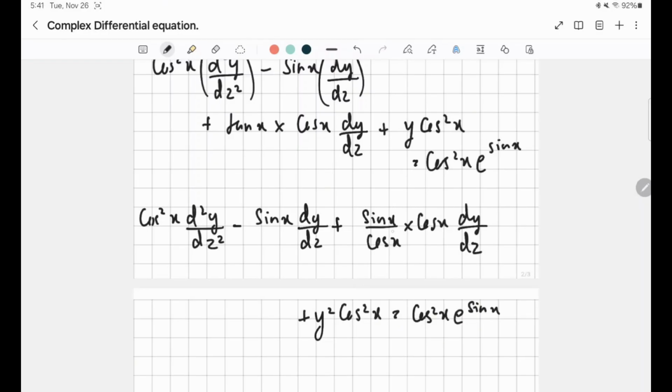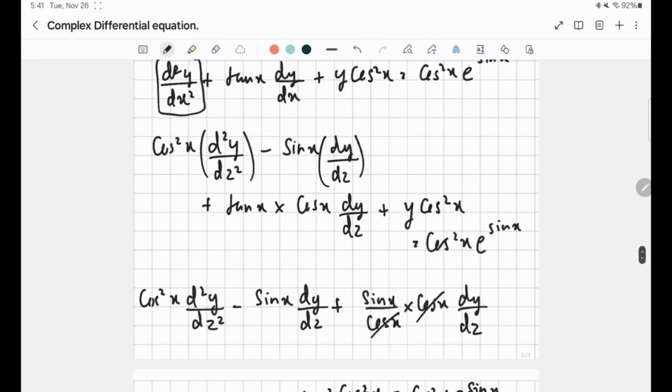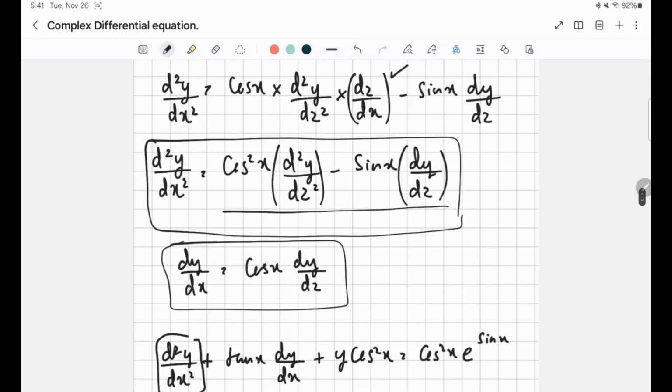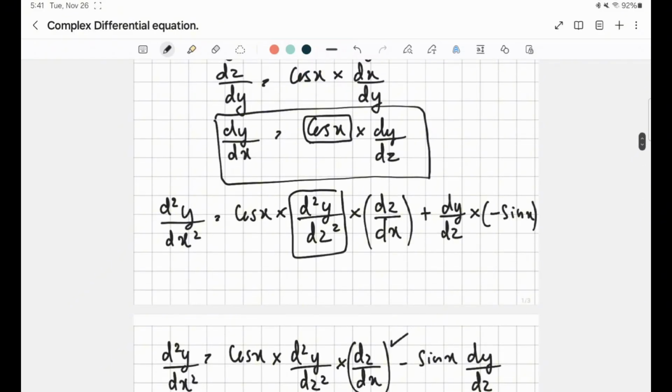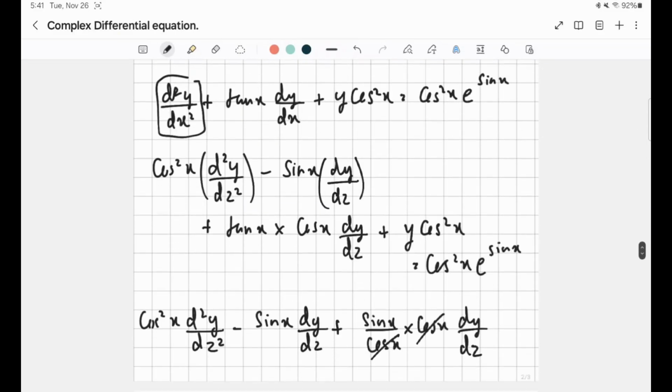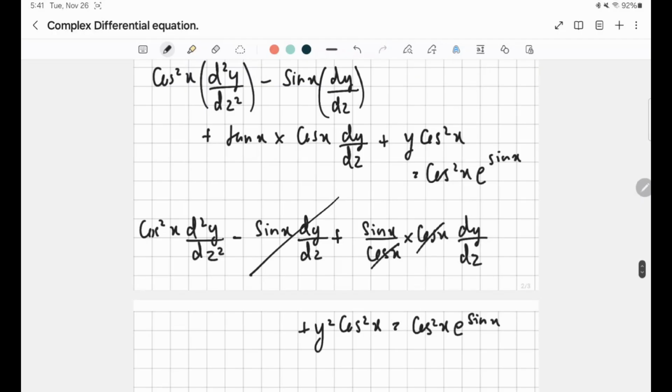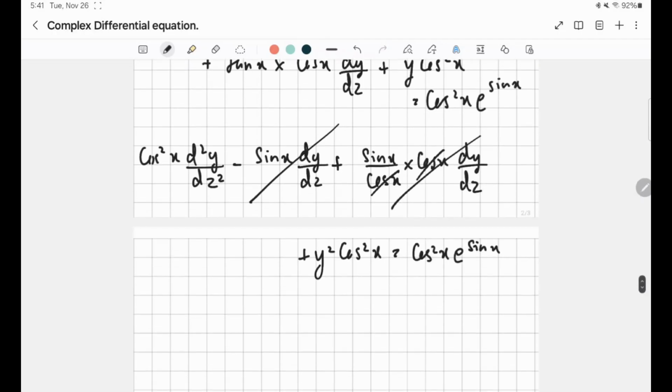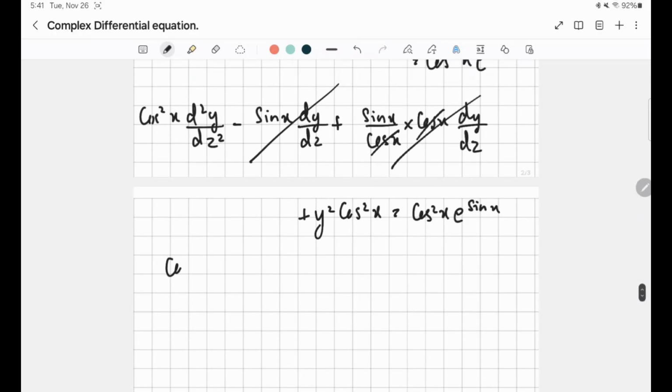You can see these two cancel off. Cos squared x is common in all three terms, so you can cancel that off.